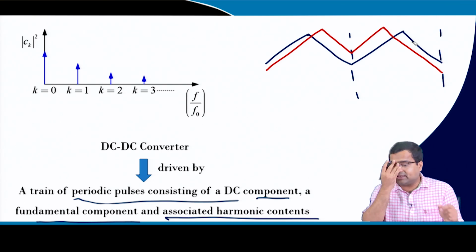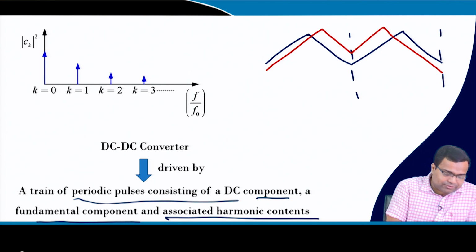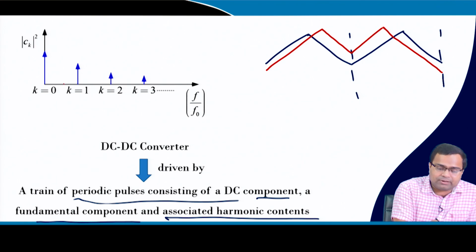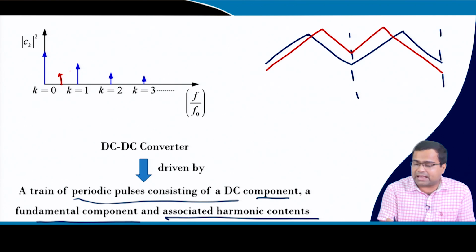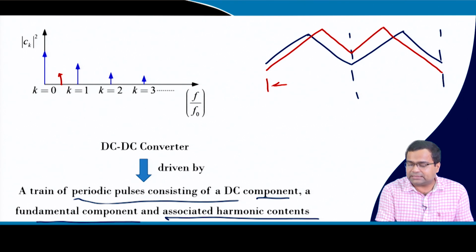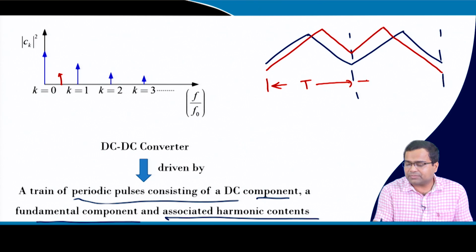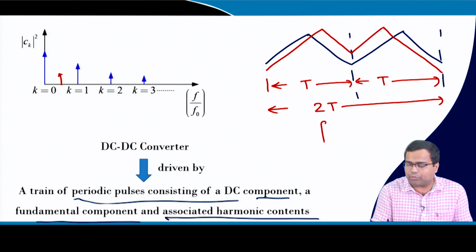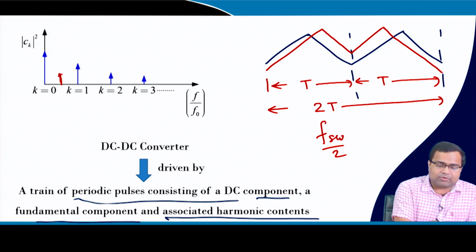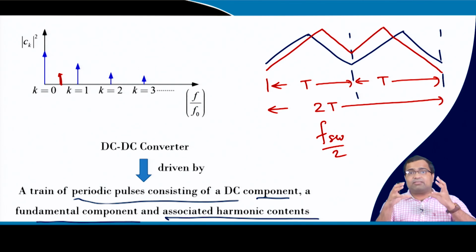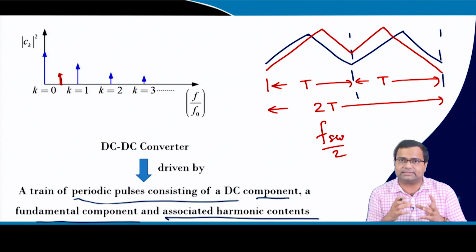Okay. So, in this component you will see for the red color there will be a peak here, because as if it is repeating, this time period is T, this time period is T. So, as if it is repeating after 2 time periods, it will have a component of f_sw by 2 and it will have a component here. So, at the subharmonic you will have a power component, power spectral density at the subharmonic level.